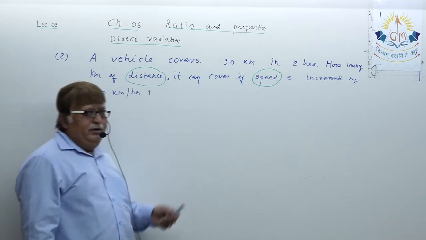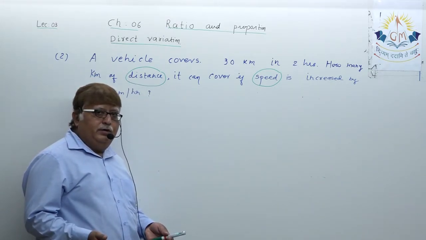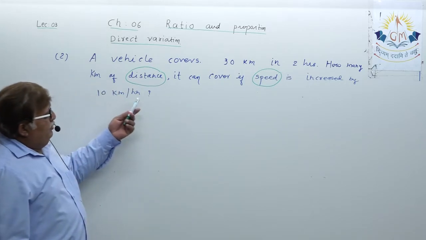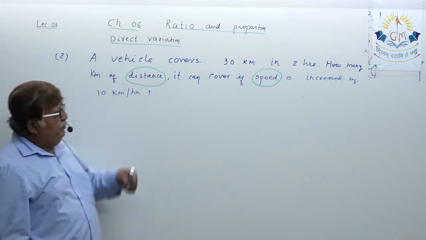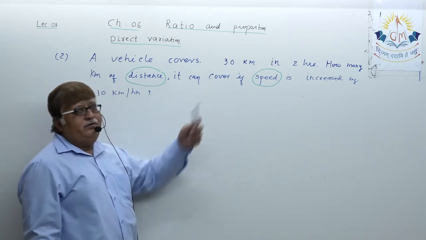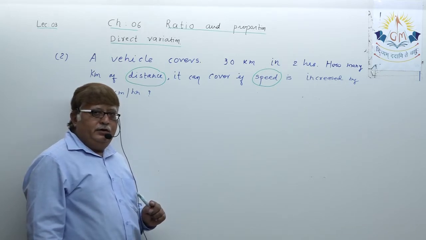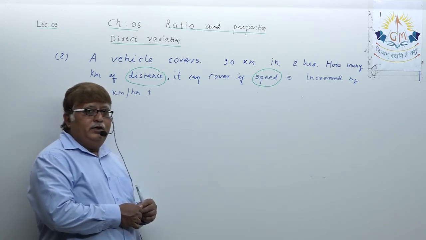Vehicle covers 30 kilometer distance in 2 hours. Then how many kilometers of distance can it cover if speed is increased? Nowhere here mentions speed. In the first data, speed is not mentioned at all.